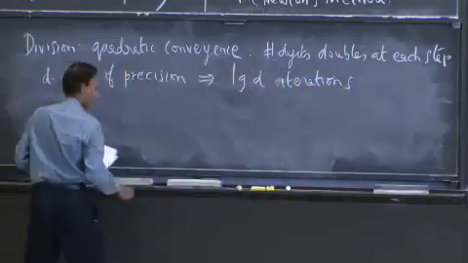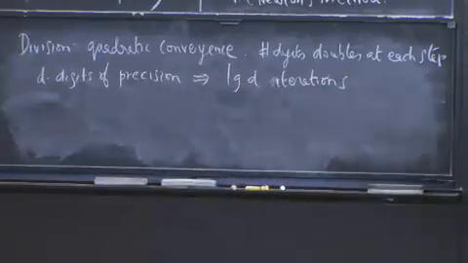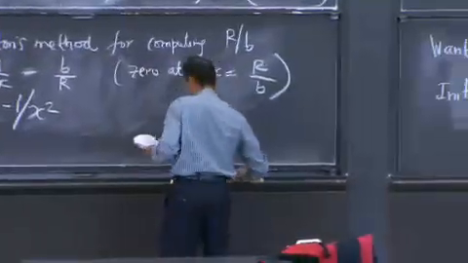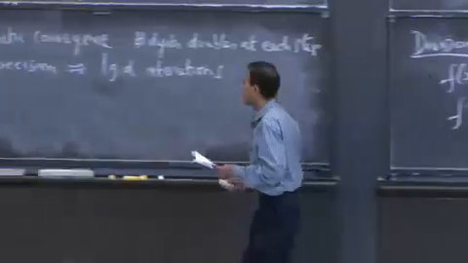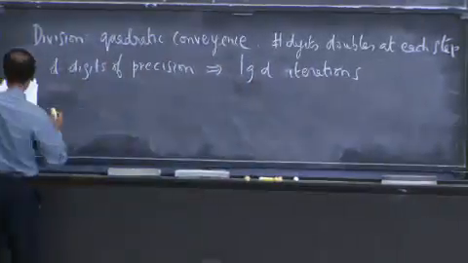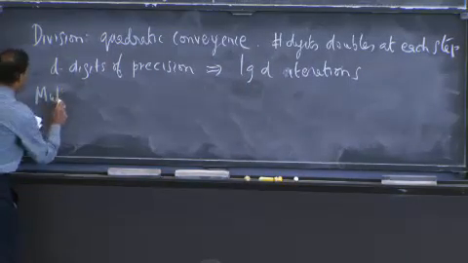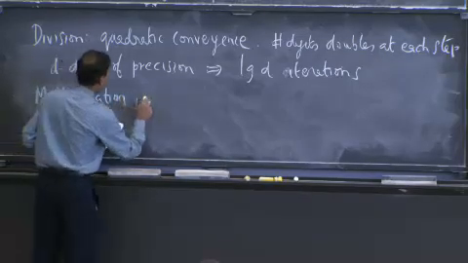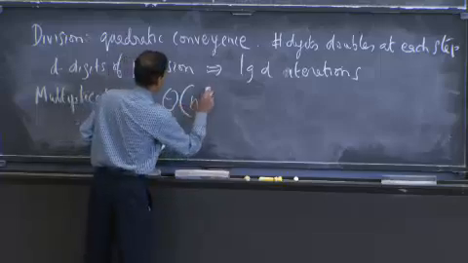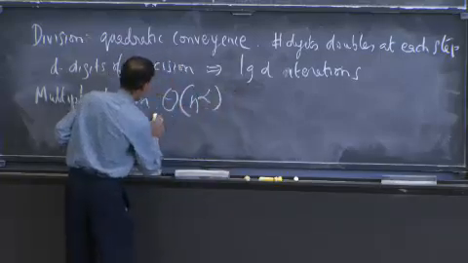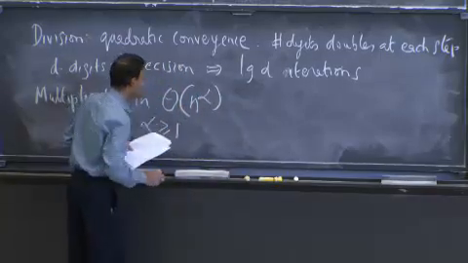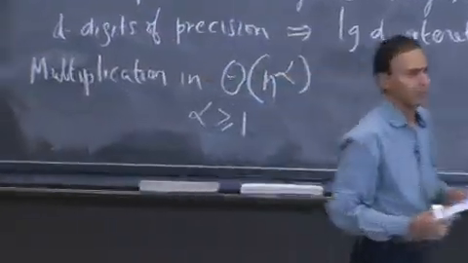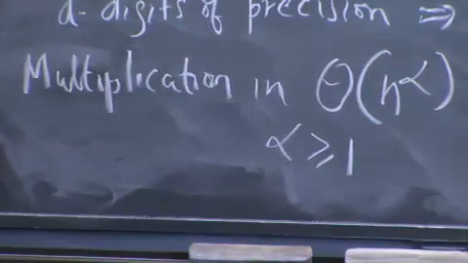Now, let's say that we have a particular algorithm for multiplication. Since we have so many different algorithms, I'm going to say multiplication takes theta of n raised to alpha time, where alpha is greater than or equal to 1. I just want to be general about it.